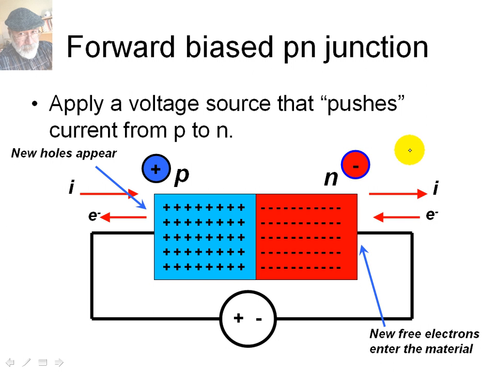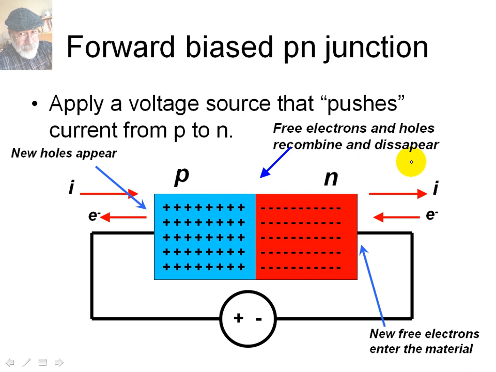Observe there is a high density of holes on the left of the P material, and there is a high density of electrons on the right of the N material. That gradient of density will move holes towards the right and electrons to the left, and they will join in the center and recombine and disappear.